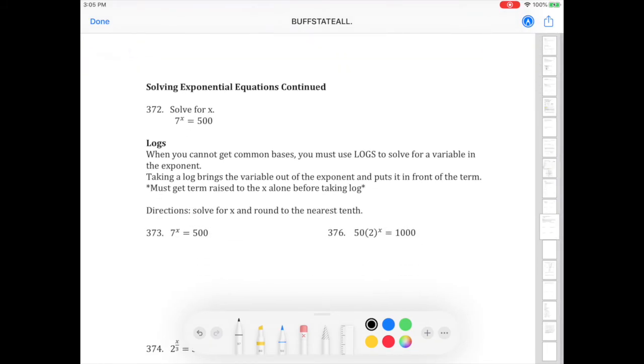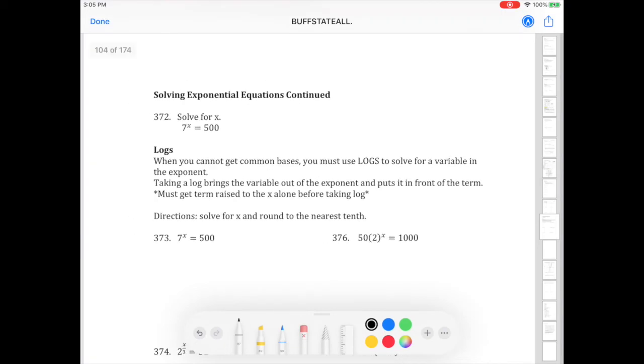So what I mean by this is that the common bases method won't always work. For example, 372 on the next page. If you try to rewrite 500 with a base of 7, it is not going to work. Let's try 7 to the third power. I don't know, we're guessing because we don't know. That gets me 343.